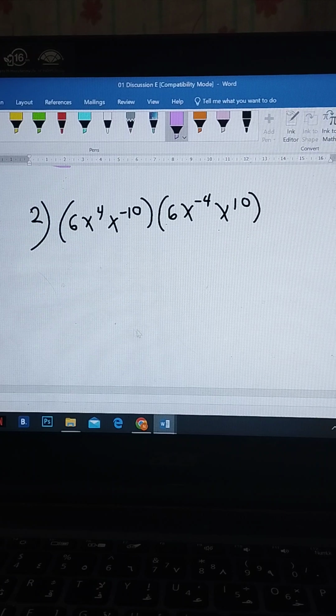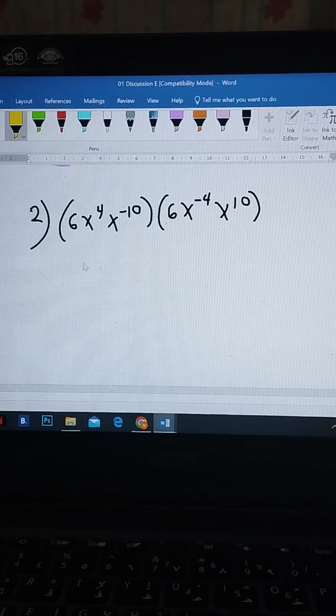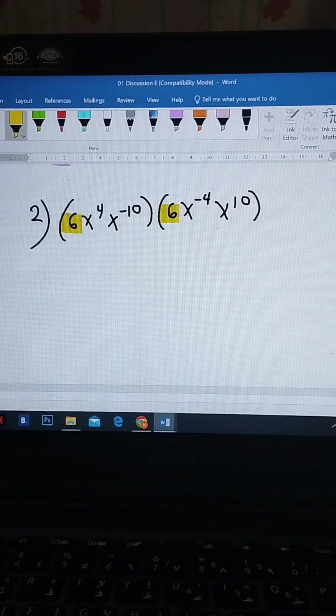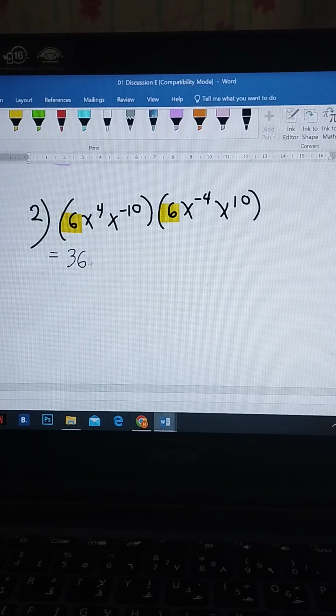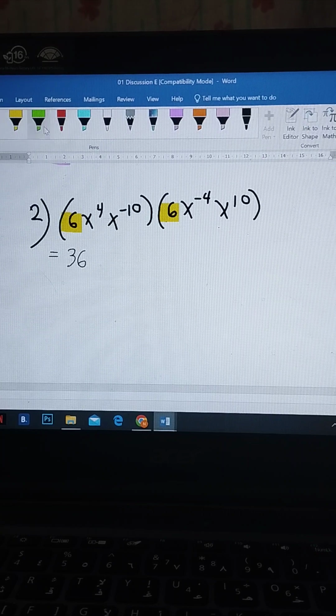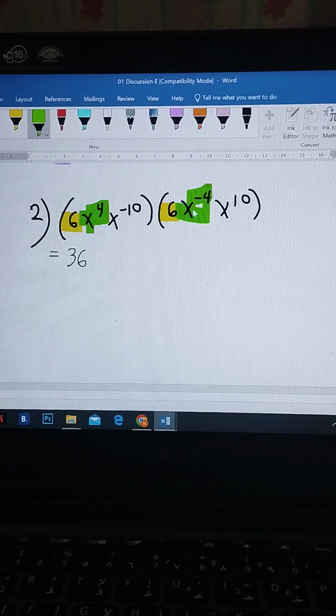Next, number 2. First is, we multiply 6 times 6 equal to 36. Then next is x raised to 4 times x raised to negative 4 is equal to x raised to 0.